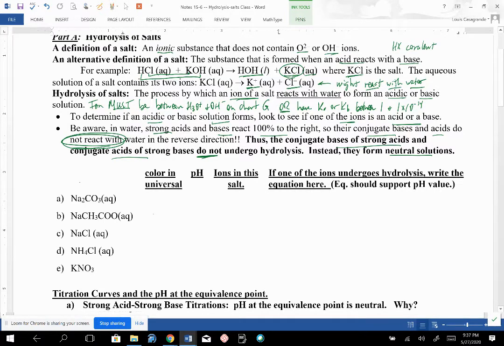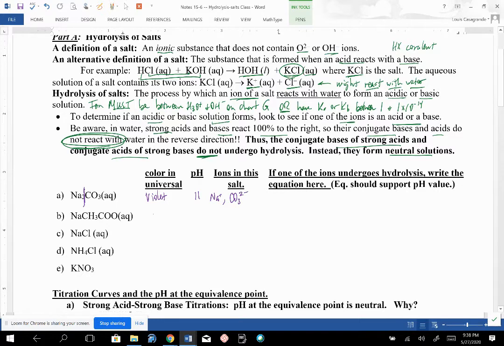Sodium carbonate, ionic compound, splits into sodium and carbonate, and the color in universal indicator would be violet. The pH would be a very strong base, 11, and the ions that are in that salt are sodium plus, we don't need to put 2 of them, we just need to know what's there, and CO3 2 minus.